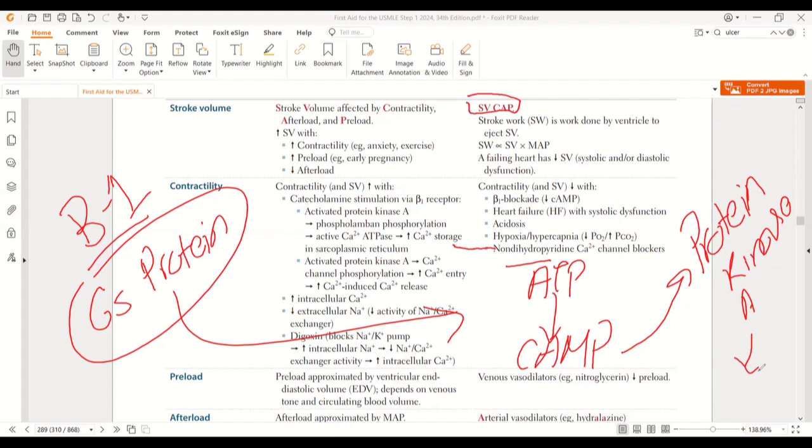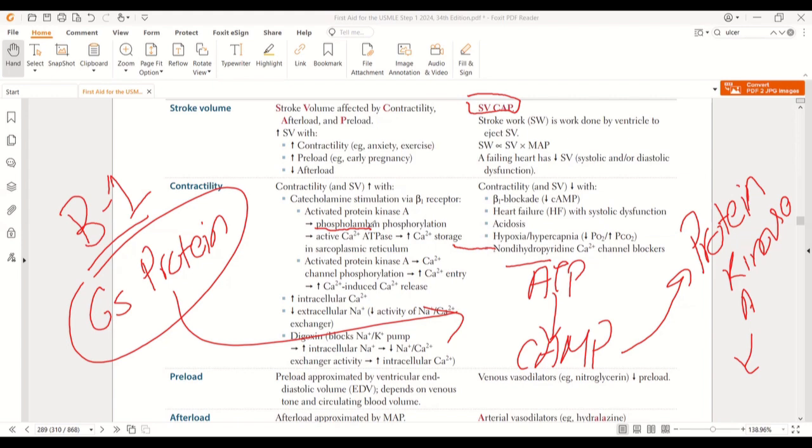And one important protein is phospholamban. So they phosphorylate the phospholamban. What is the function of the phospholamban? Can anybody tell? The phospholamban basically inhibits the calcium ATPase that is present on the sarcoplasmic reticulum, right?